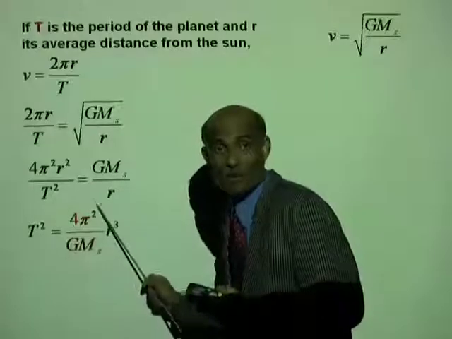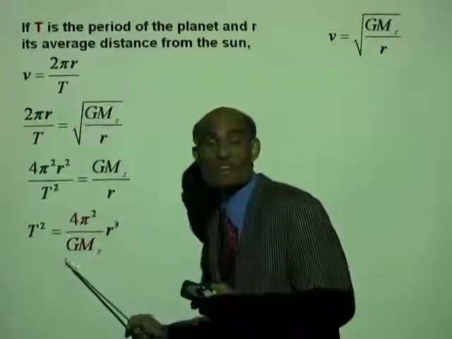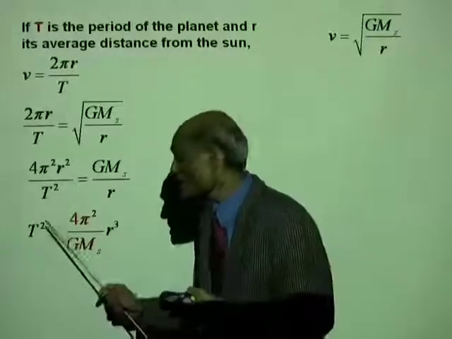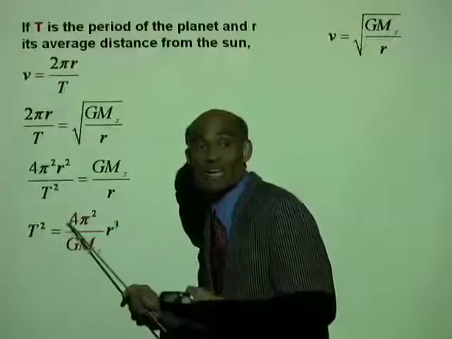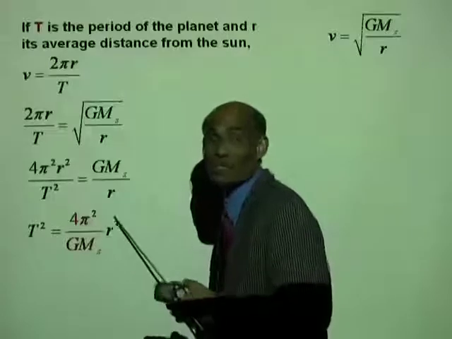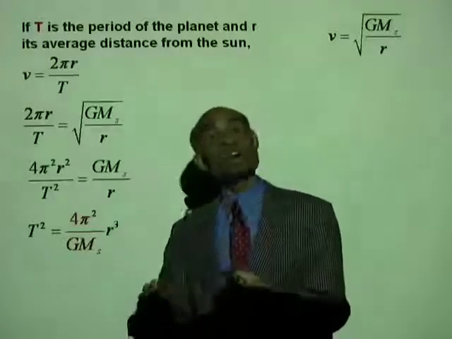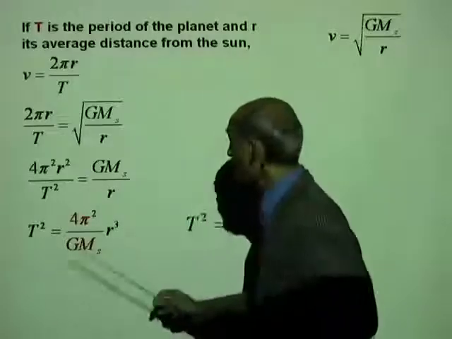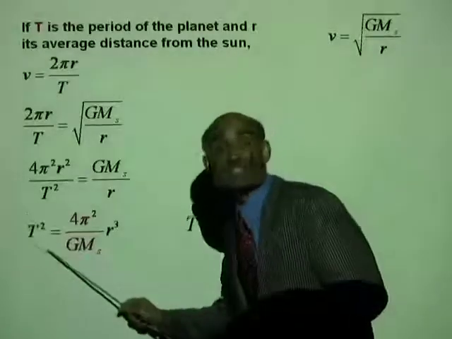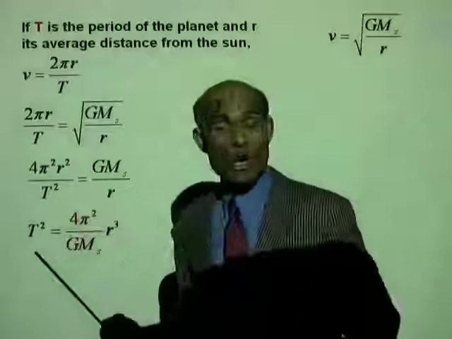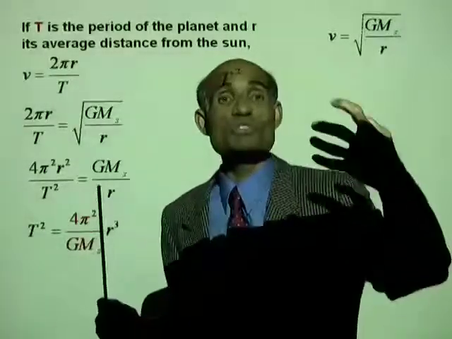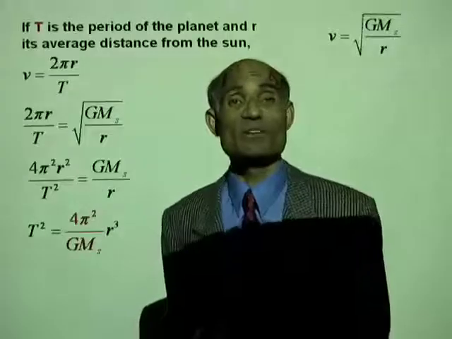So 4 pi squared over GMs is a constant. Didn't we start by saying that t squared equals k r cube is the third law of Kepler? So you can see this statement that we got from using directly Newton's law of gravitation.